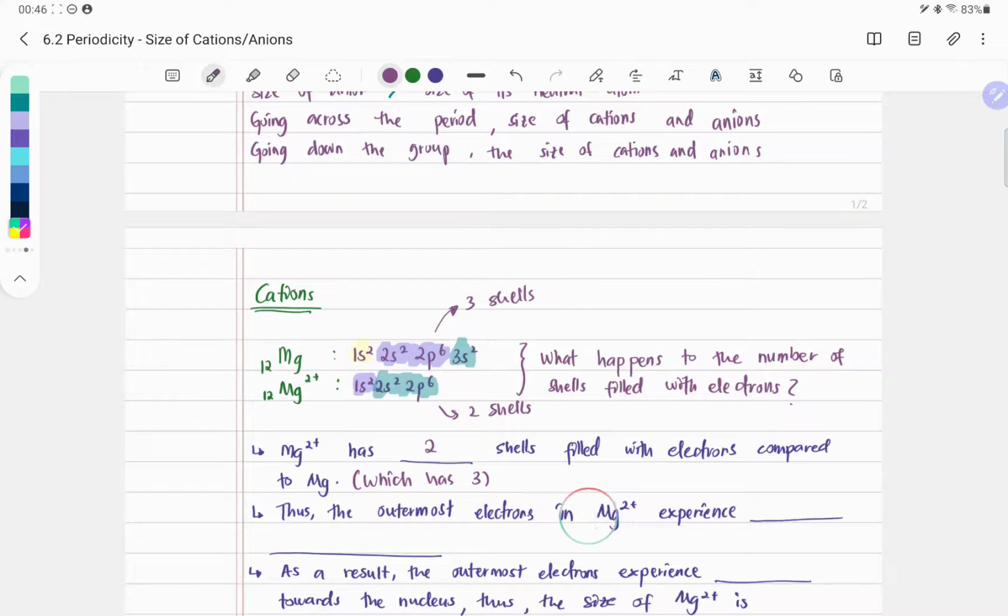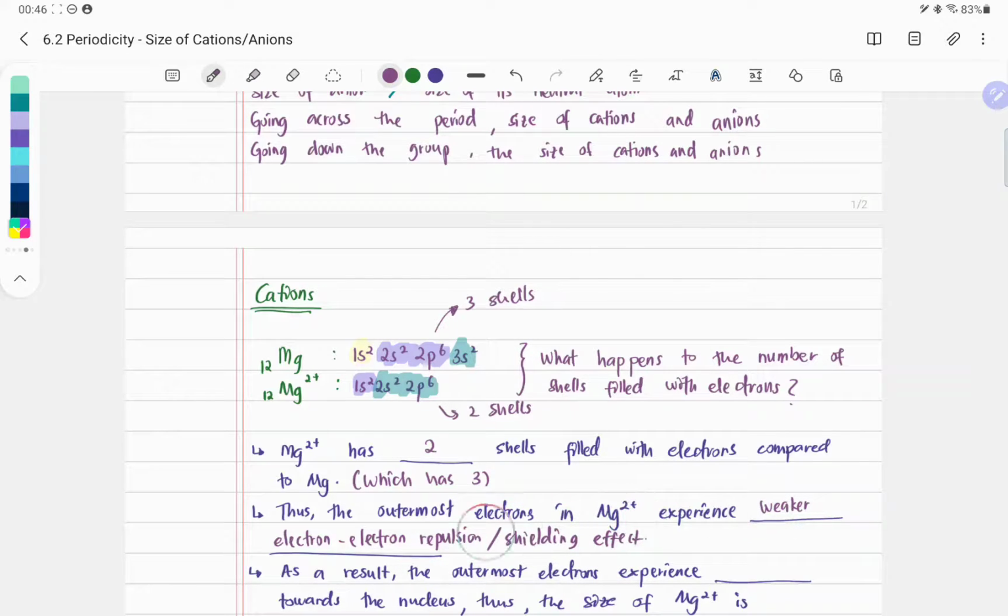Thus, the outermost electrons in Mg2+ experience, sebab dia kekurangan number of shells, jadi it experiences weaker electron repulsion, ataupun shielding effect.